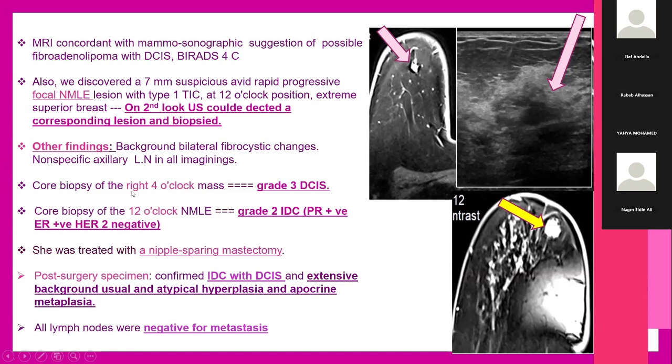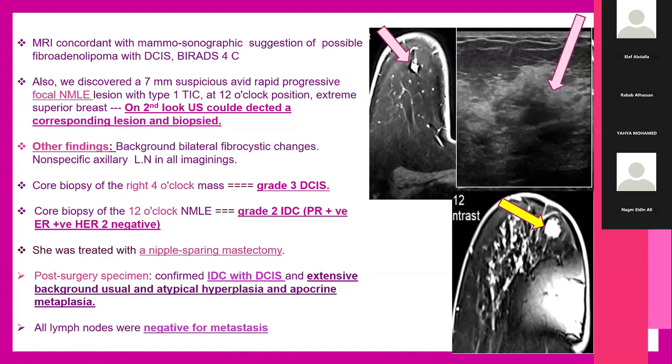So the core biopsy of the 4 o'clock lesion turned out to be grade 3 DCIS, while the incidental finding, the 12 o'clock core biopsy of non-mass-like enhancement, turned out to be grade 2 invasive ductal carcinoma, ER positive, HER2 negative.